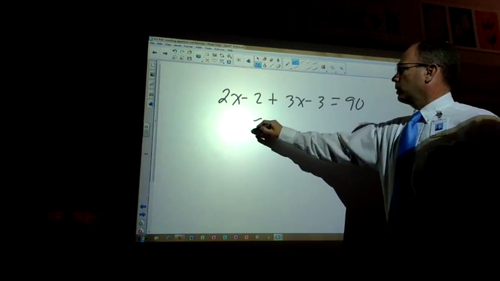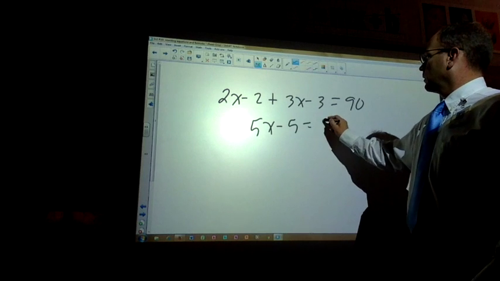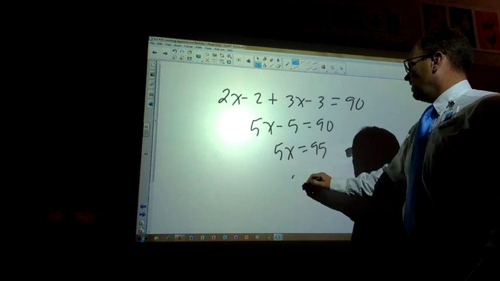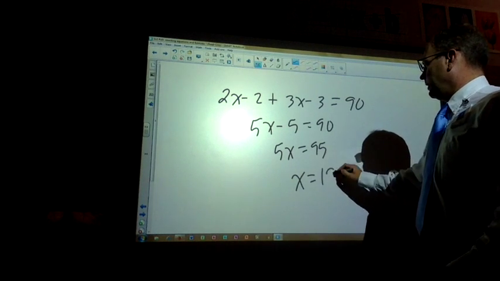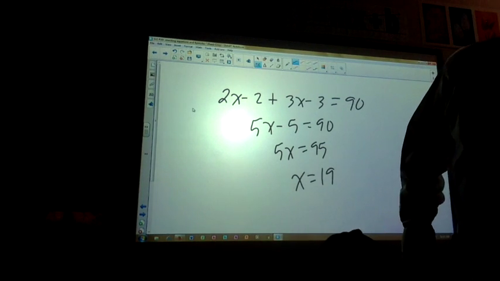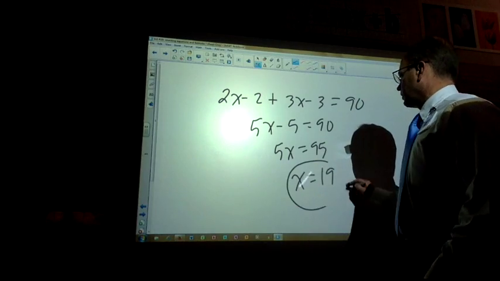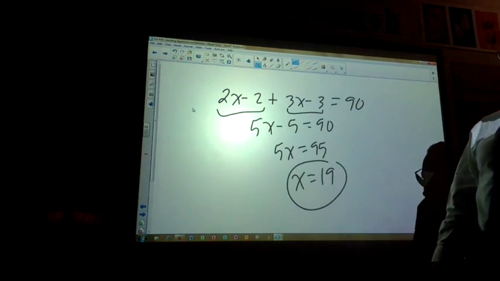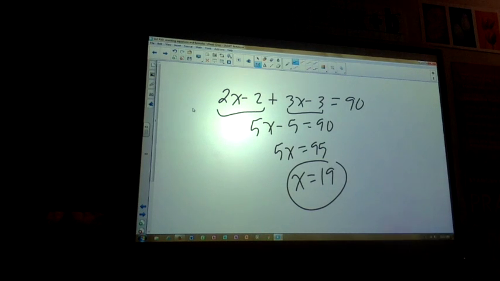Then you just use algebra. That's 5x equals 95, so x equals 19. If it said just solve for x, we'd solve for x. If it had asked to find each individual angle, then you would plug that 19 back into each one of those to find it. That was problem number 6A.